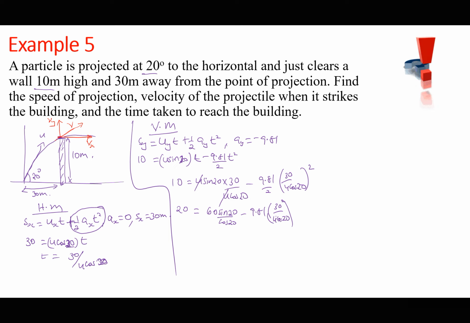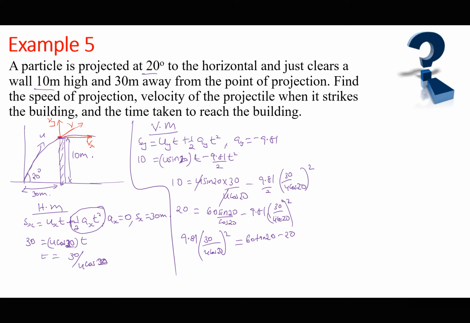Of course, this is tan. So I just want to take one quantity on one side, so I'll have 9.81 into 30 divided by u cos of 20, squared, being equal to 60 tan of 20 minus 20.